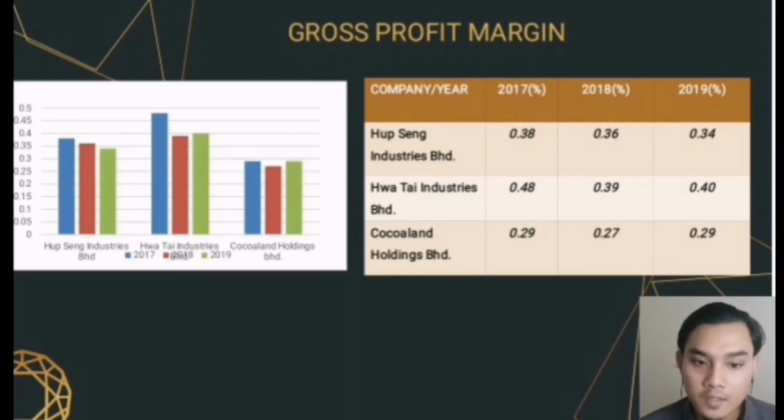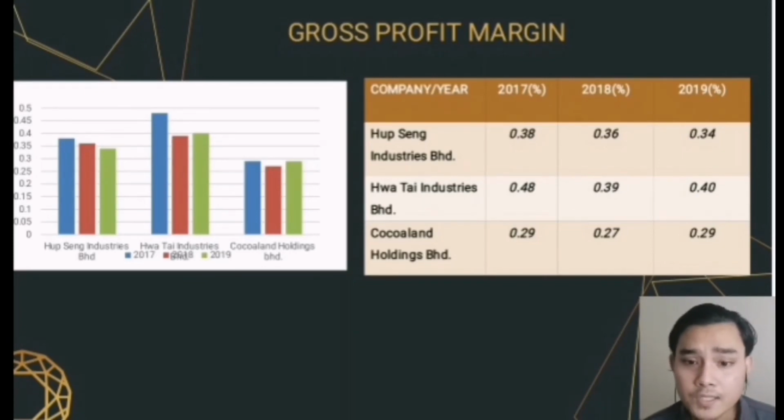Lastly, Cocoland Holding Company showed a decrease in 2018 from 0.29% to 0.27%, then increased to 0.29% in 2019.